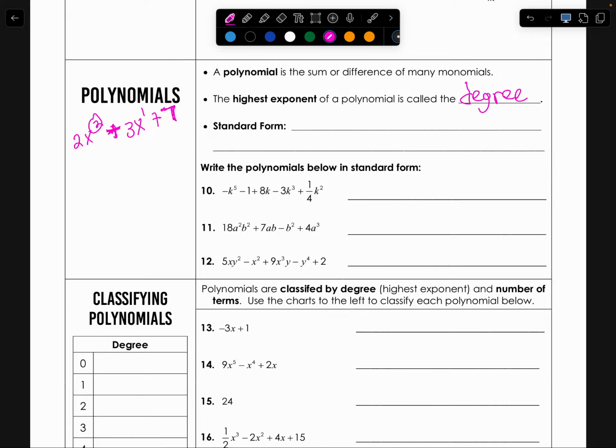The standard form, you just want to write in descending powers, exponents. That means going down.